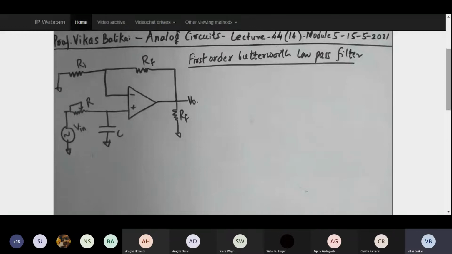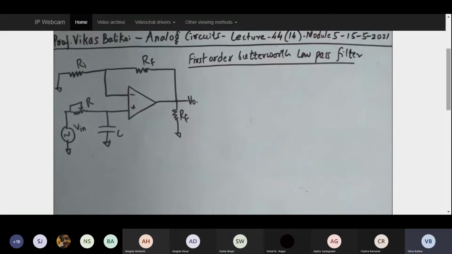So filters are used to pass some set of frequencies and block some other set of frequencies, or we arrange the filter in such a way that we pass a band of frequencies and reject the frequencies outside the band. That's the reason it is also called a frequency selective circuit.